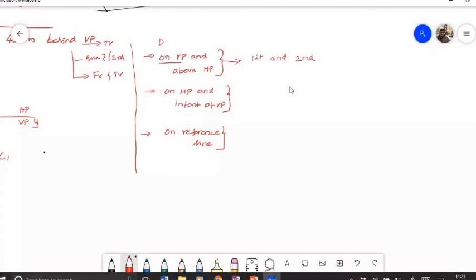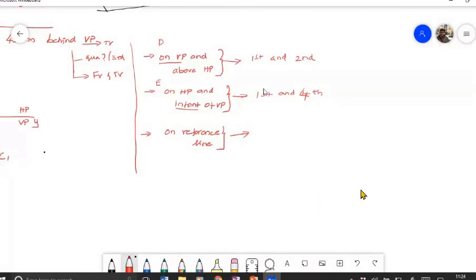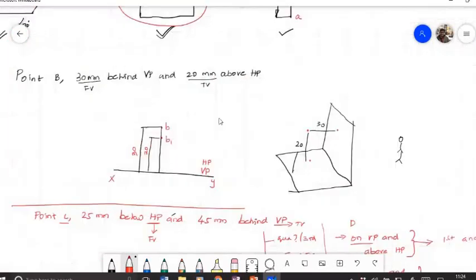In which quadrant does point E belong? For all quadrants, something like this.